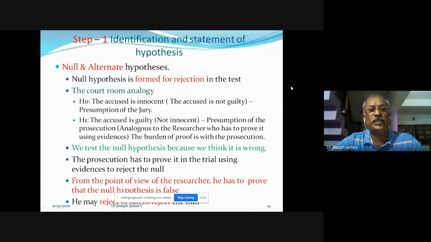The null hypothesis is that the accused is innocent. When an accused is brought before the court or before the jury, it has the presumption that he is innocent. Therefore, it forms a null hypothesis that the accused is innocent.